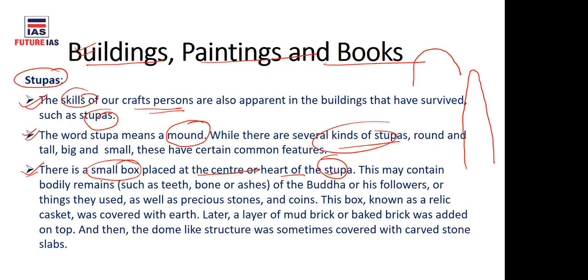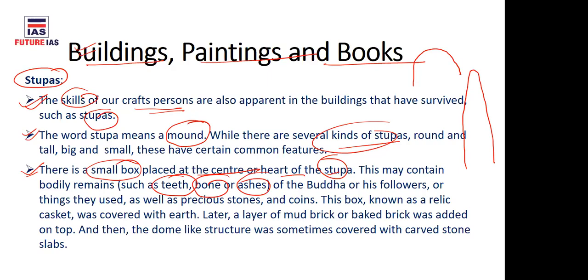The stupas associated with the Buddha and Buddhism followers carry the bodily remains of the Buddha. These bodily remains may be teeth, bone, or ashes, after the Buddha died, or his followers died, right? They also used to have certain stones, coins, and so on, apart from the bodily remains.